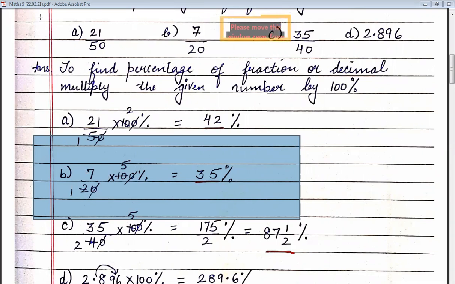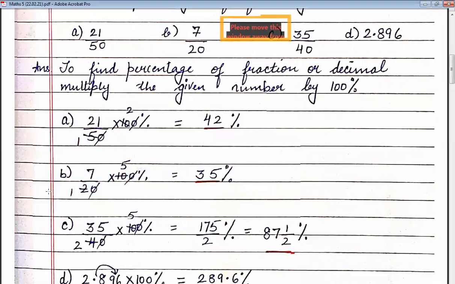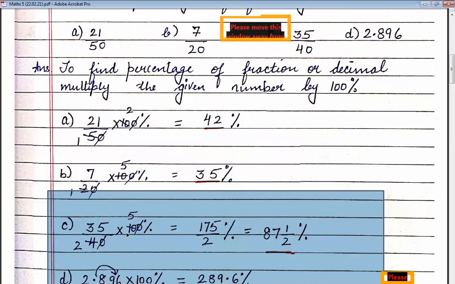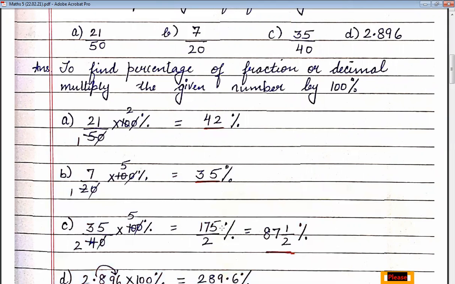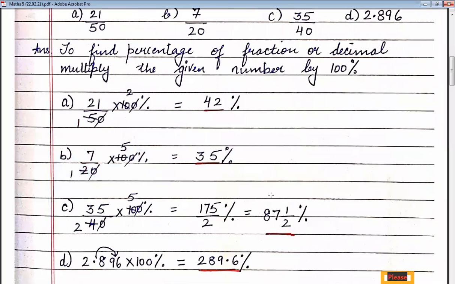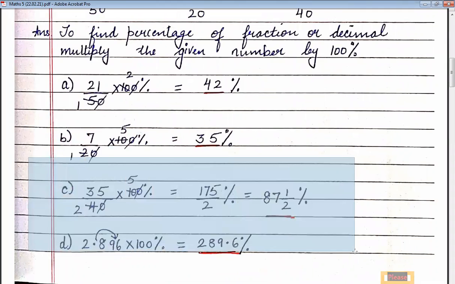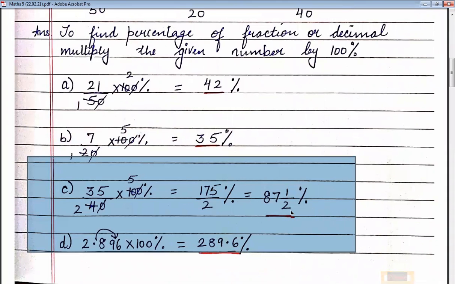Let's move on to our third part, that is 35 upon 40. That is multiply by 100%. After converting into lowest form, you will get 175 upon 2. As it is an improper fraction, you have to convert it into a mixed fraction.